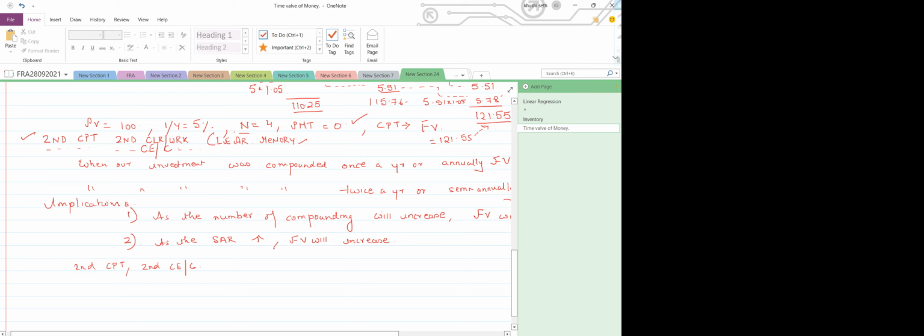Please press this. Then type 100 on your calculator, press PV. Type 100, press PV. Done. Then press 5, then press I/Y.